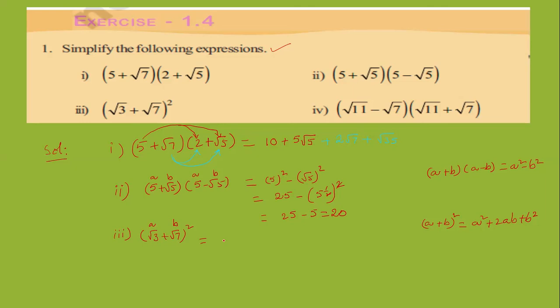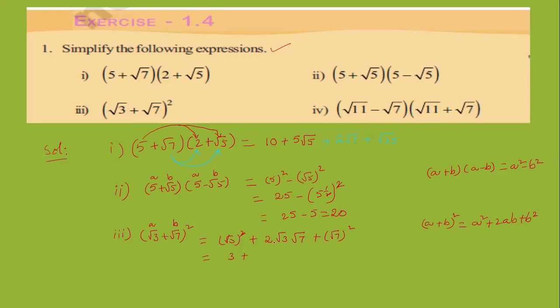Now what do you get? a square means root 3 whole square, plus 2 root 3 into root 7, that is 2ab, plus b square, that is root 7 whole square. Now what do you get? Root 3 whole square means you cancel the square root with the square.